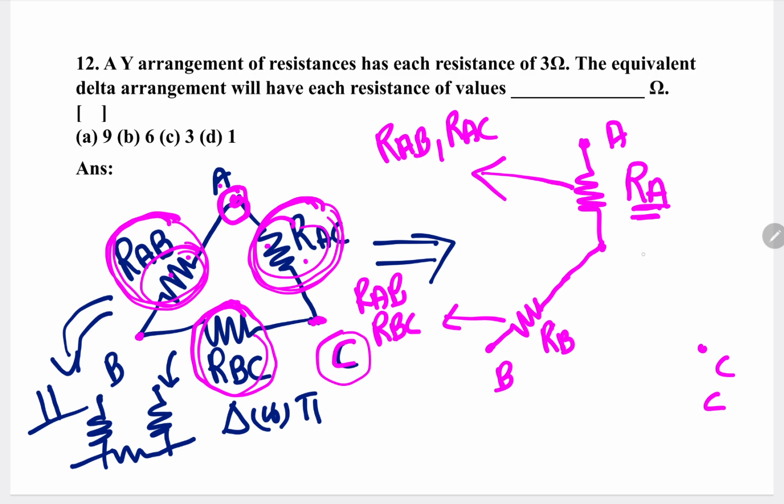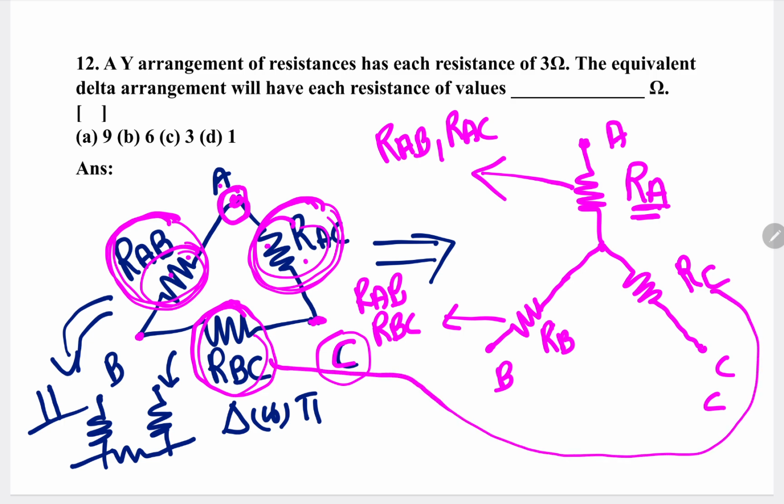C terminal. So to the C terminal, one more resistor I have connected, that I am calling as RC. This RC came because of this RBC and RAC. Right? You understood now? This delta network I have replaced with its equivalent star network. No change in the terminals. You observe A terminal, B terminal, C terminal. They are present like that only.